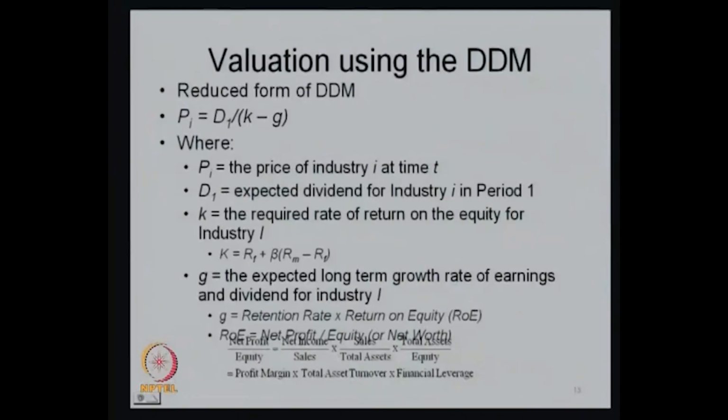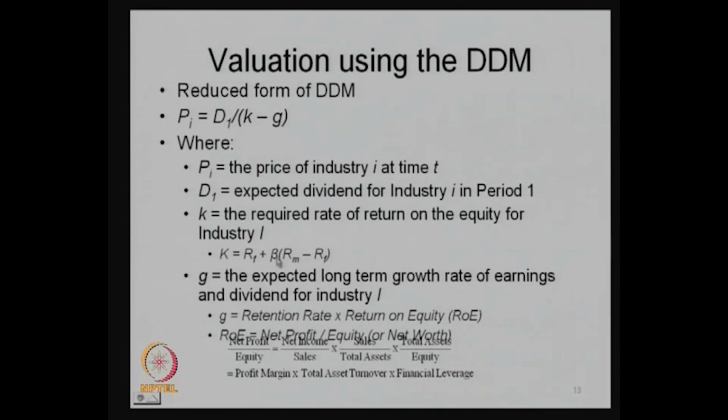For instance, as far as the cost of capital is concerned, one has to look at this famous capital asset pricing model, CAPM, where you talk about the risk-free rate of return, then beta and RM minus RF. RM is the rate of return from the market index, and RF is the risk-free rate, like the government security yield or gilt security yield, or maybe treasury bill yield, depending on the time period.